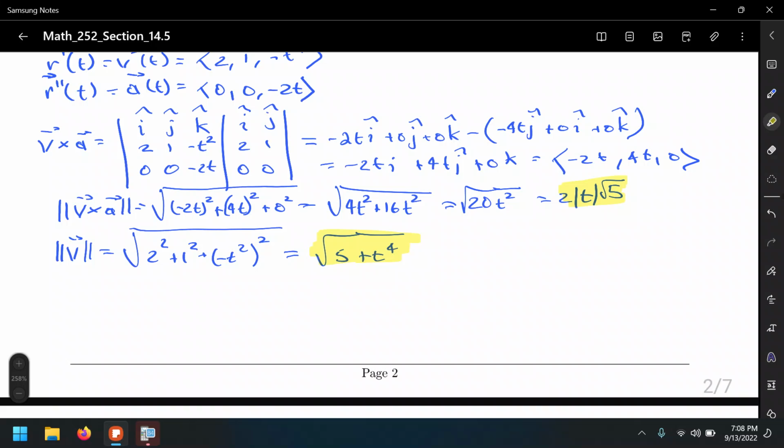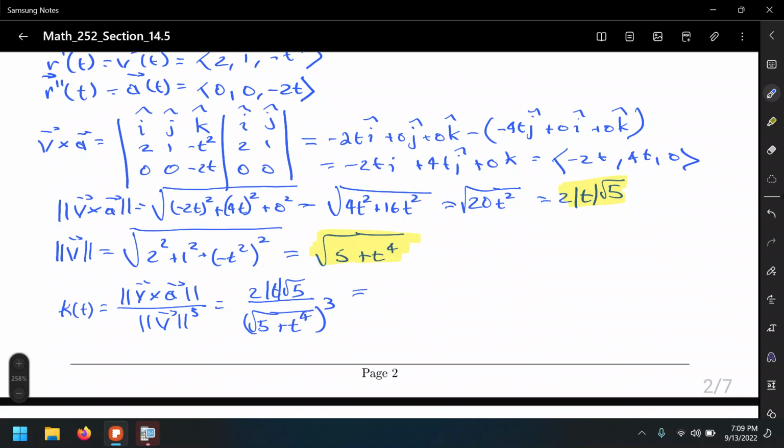And then now we're going to go back to the formula for kappa of t. That's going to be the magnitude of the cross product of the velocity and acceleration vectors divided by the magnitude of the velocity vector cubed. All right, and the numerator we got is 2 absolute value of t root of 5 divided by this radical, 5 plus t to the 4th, to the 3rd power.